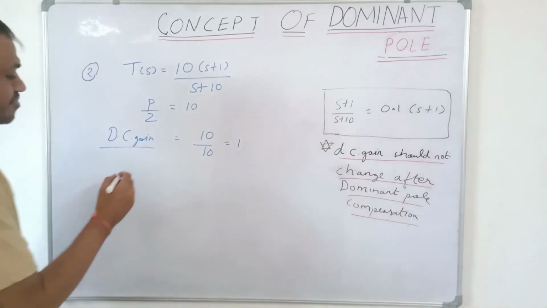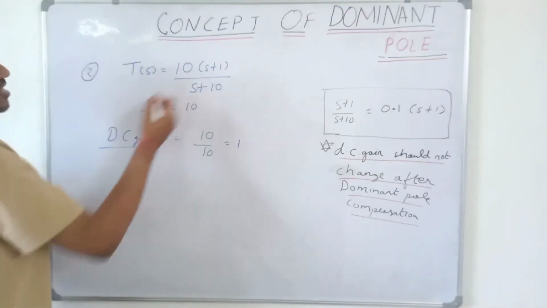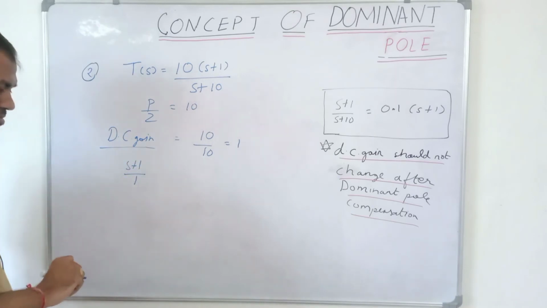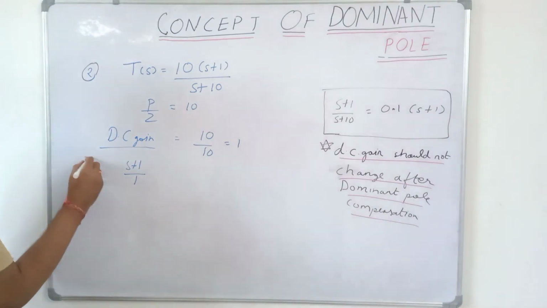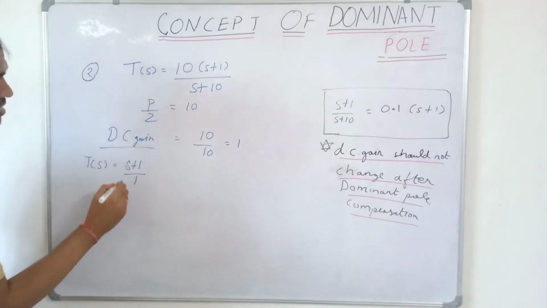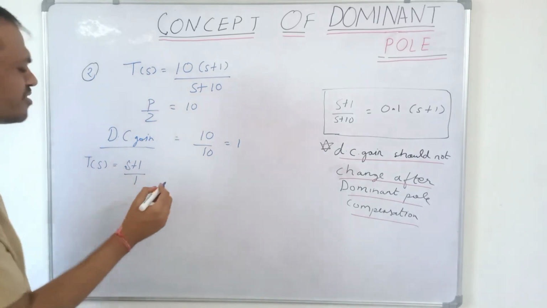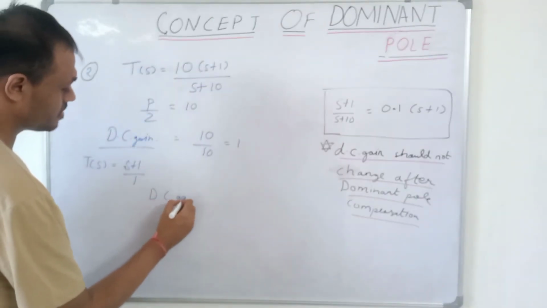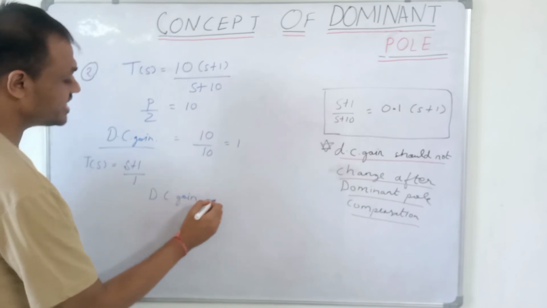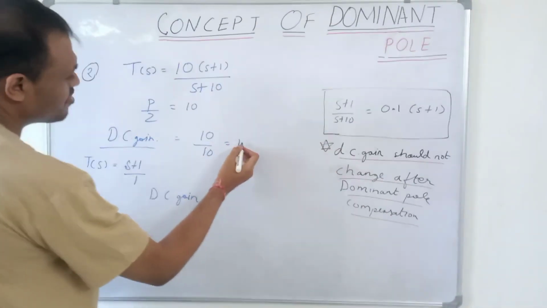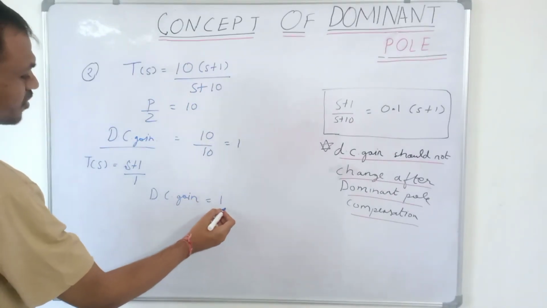So now we make the transfer function equal to (s plus 1) upon 1. Now we find the DC gain by putting s equal to 0. So the DC gain is 1. So in this case, the DC gain before removing the pole and after removing the pole is 1.